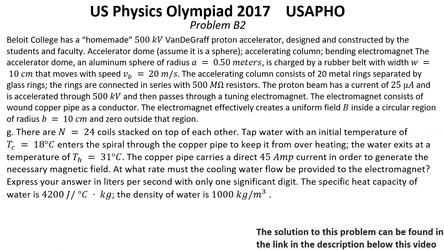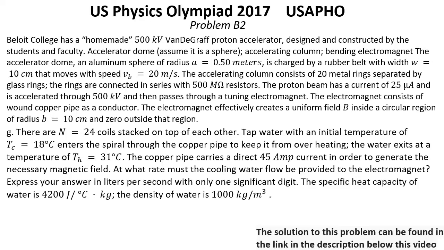Question G. There are n equal to 24 coils stacked on top of each other. Tap water with an initial temperature of Tc equal to 18 degrees Celsius enters the spiral through the copper pipe to keep it from overheating. The water exits at a temperature of Th equal to 31 degrees Celsius.